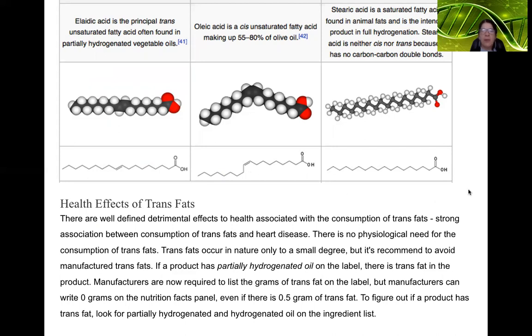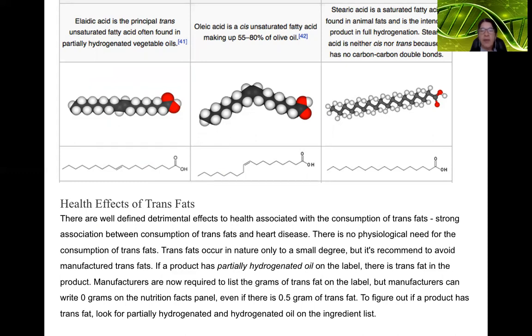Why am I talking about this? Well, it is important to understand that they have well-defined detrimental effects on health. So it's really bad for your health if you consume trans fats. There's a strong association between consumption of trans fats and heart disease. Not all fats are bad. As a matter of fact, fats are really good for you.